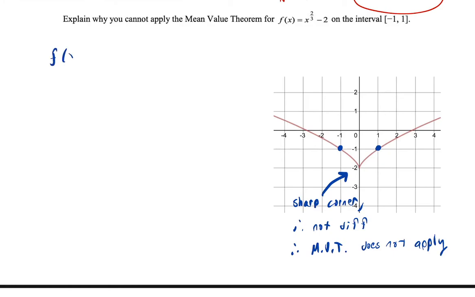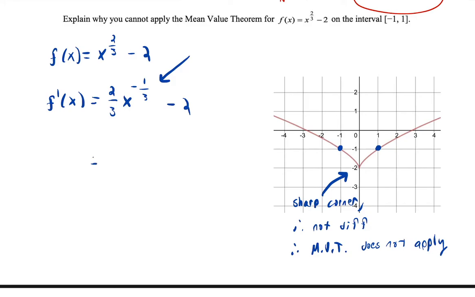okay, if f of x equals x to the 2/3 minus 2, well then f prime of x is equal to 2/3 x to the negative 1/3, and here is where your problem is going to come from. Remember, x to the negative 1/3 would be 2 over 3 times the cube root of x.